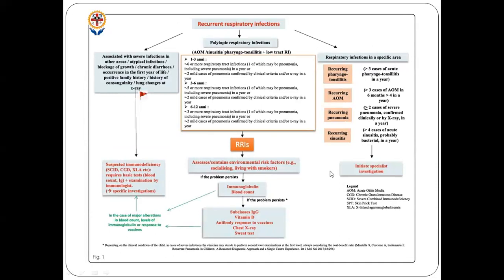Here we look into the local cause more, investigate and treat the child. If the child is having polytopic respiratory infections, like we already discussed in the definition, mixed infections like otitis media, pharyngotonsillitis along with pneumonia or lower respiratory tract infections, they define these as per the age of the child, like up to 3 years, 3 to 6 years, and 6 to 12 years.